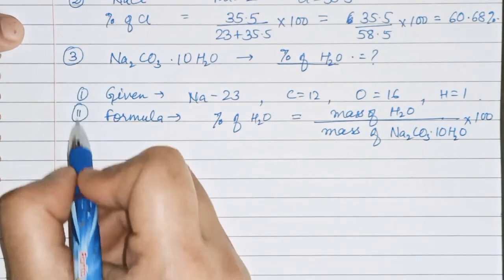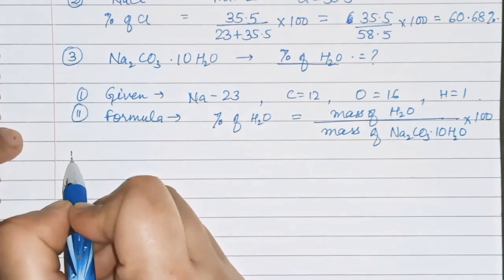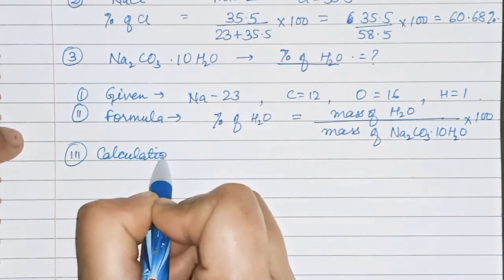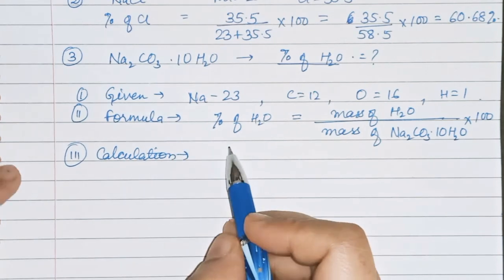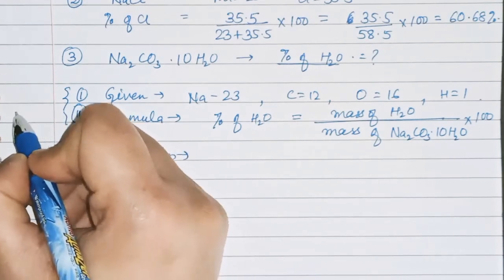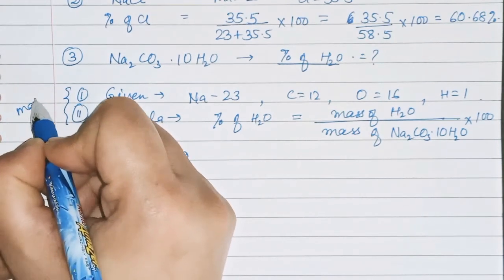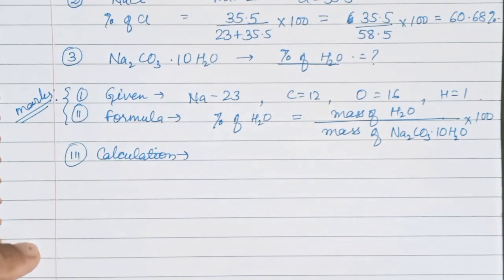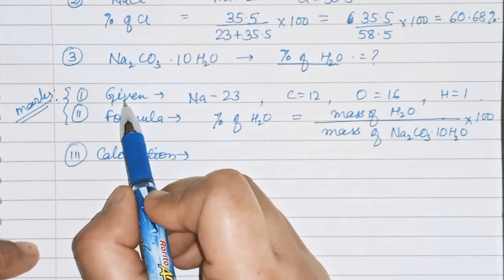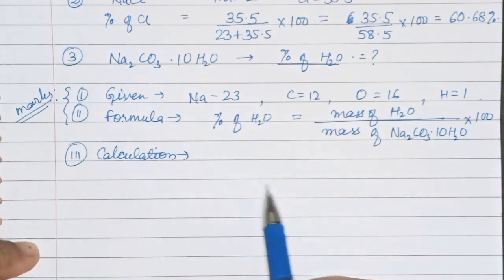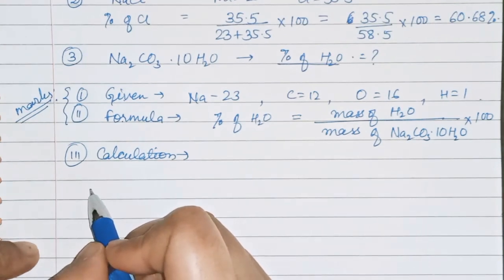These are two steps. Now the third step is for calculation. The calculation part will start from the third step. Children, these two steps also carry some marks, depending upon the marks for that question. Sometimes it is half marks for this step, half marks for this step, and the rest of the marks are for calculation and final answer.